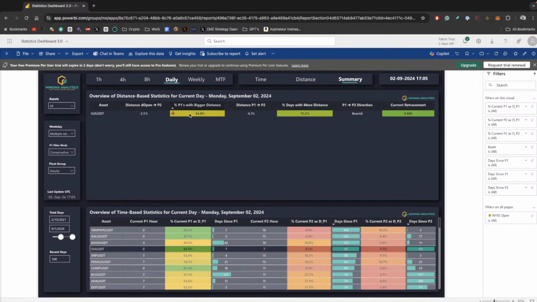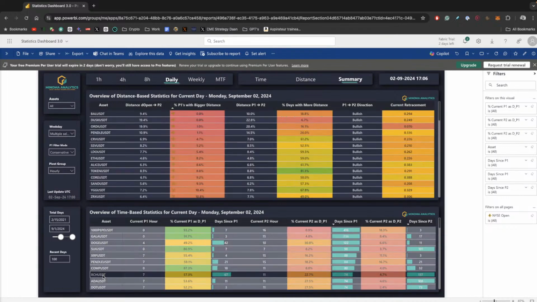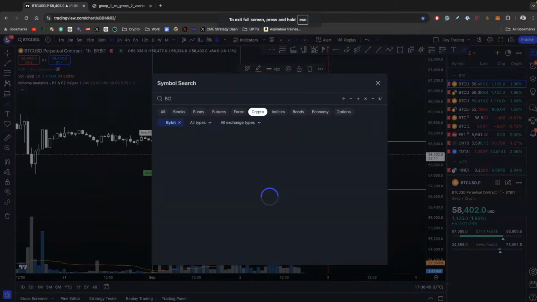But preferably you would see this have a good value as well. It doesn't. You have these two. So for example, this one is nice, right? Bitcoin Cash. 74 days since the current P2 has been P1, 137 days since the current P2 has been P2, so low chance.